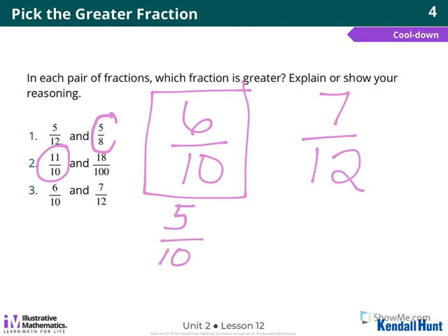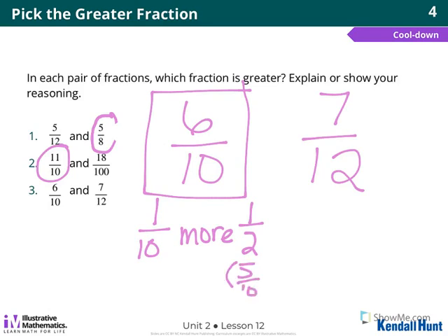So what I do know about this fraction is 6/10 is 1/10 more than 1/2. Remember, 1/2 would be 5/10 in this case.